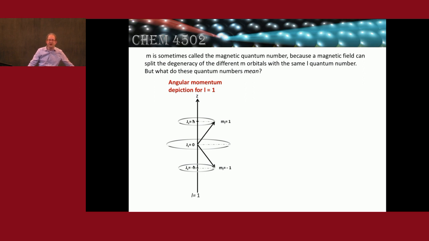M sub L is telling us how much of that is projected onto the z-axis. And m sub L times h bar is that amount, and that's always less than the actual magnitude of the total angular momentum, which is the square root of L times L plus 1 times h bar.